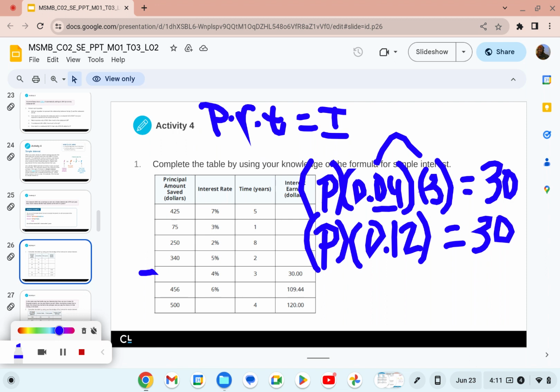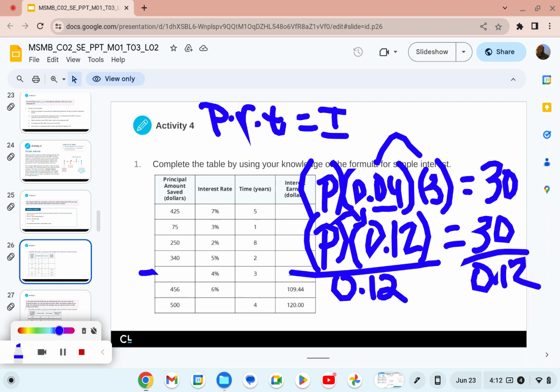Well, right now, P is being multiplied by 0.12. So I want to divide both sides by 0.12, because whatever I do on one side, I have to do on the other. If I divide this side by 0.12, that's just going to cancel it out. And so I'll go ahead and divide 30 by 0.12.